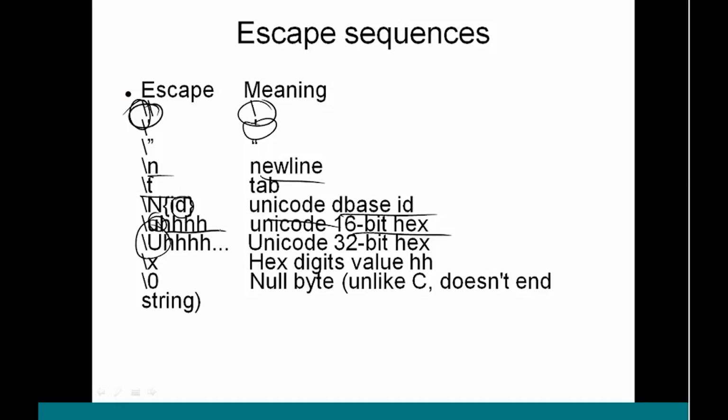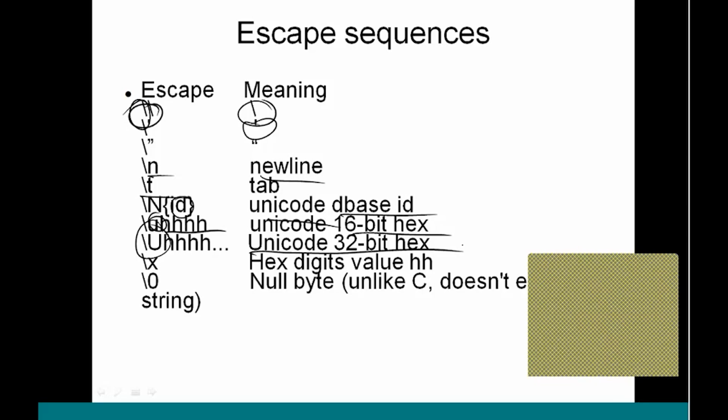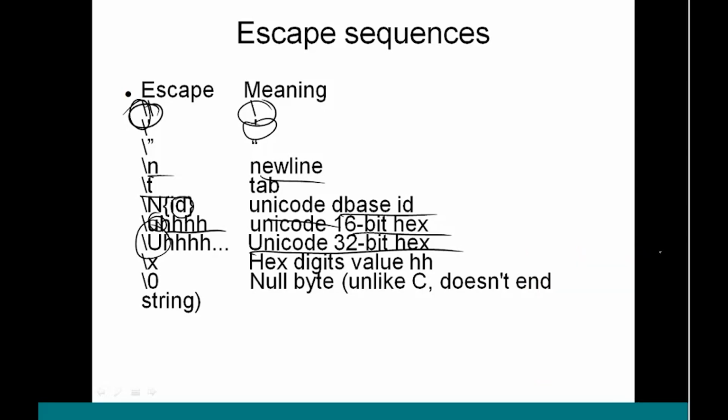If you specify an uppercase U followed by a hexadecimal number, it treats that as Unicode 32-bit. Then backslash x and hh are hex digit values, and backslash 0 is a null byte, so it doesn't end the string.